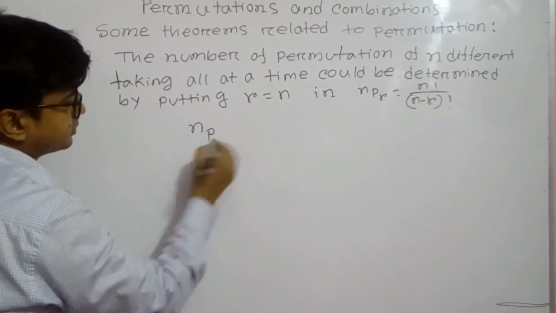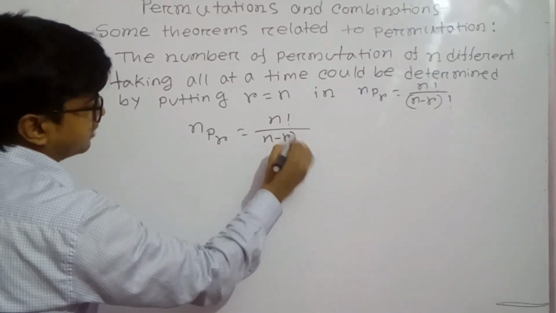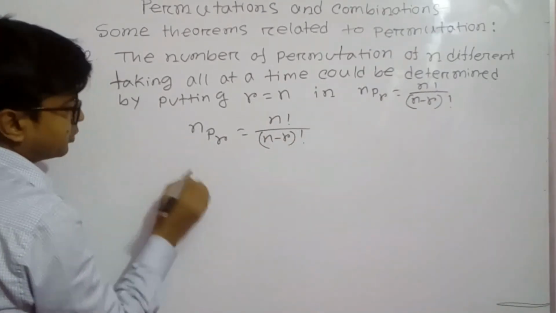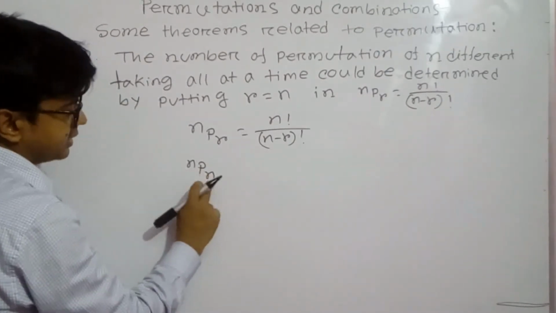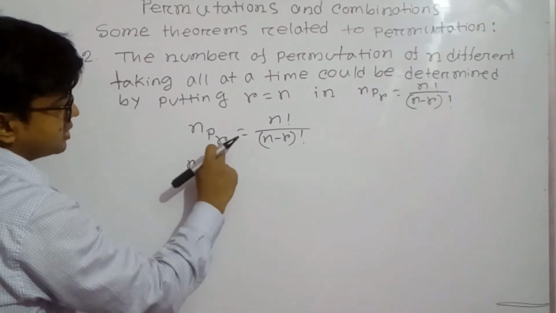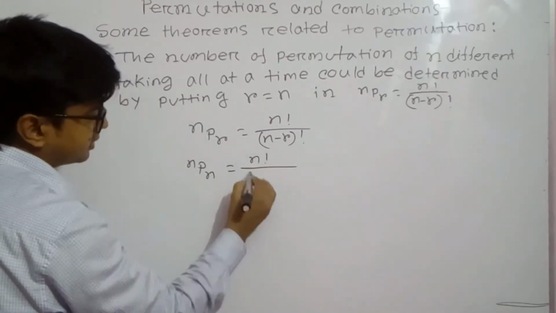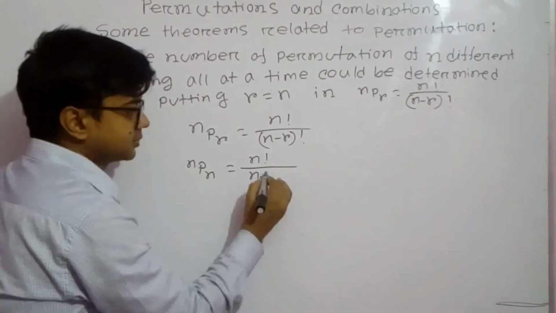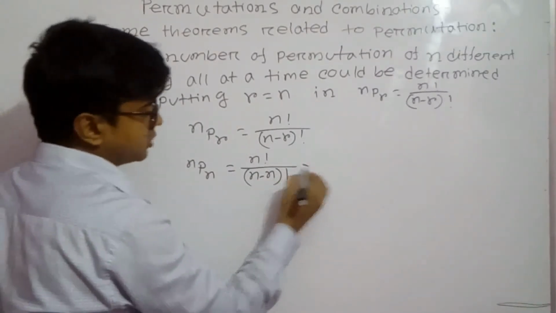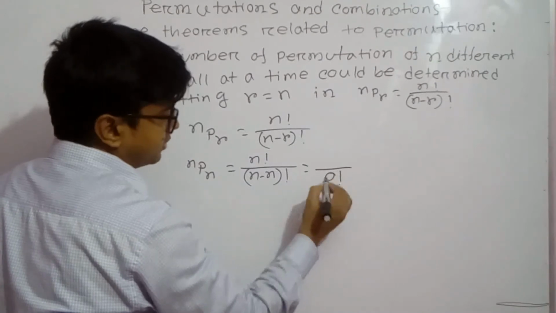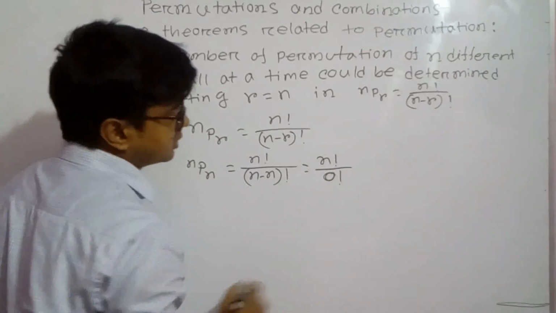If we put nPn, here n is instead of r, so we can write factorial n by factorial n minus n, so it will be factorial n by factorial 0.